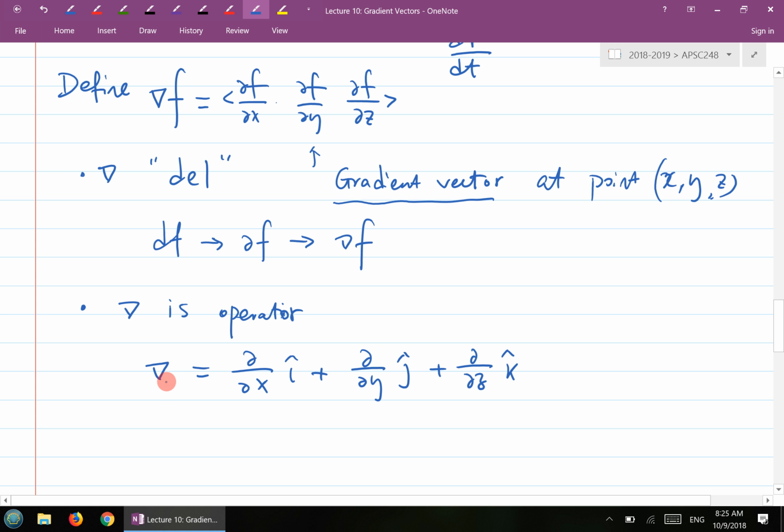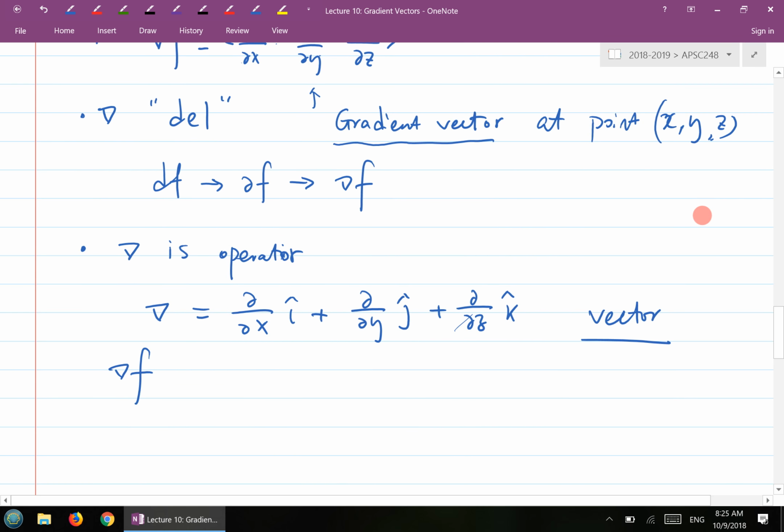So if you apply the del operator to, let's say, any function f, if the function f has three variables, then you get exactly these three things here. Of course, if the function has just two variables, then you don't have this term, just the first two terms. So that's how you use the operator. But bottom line, the difference is here. This is a vector, this is a vector operator.